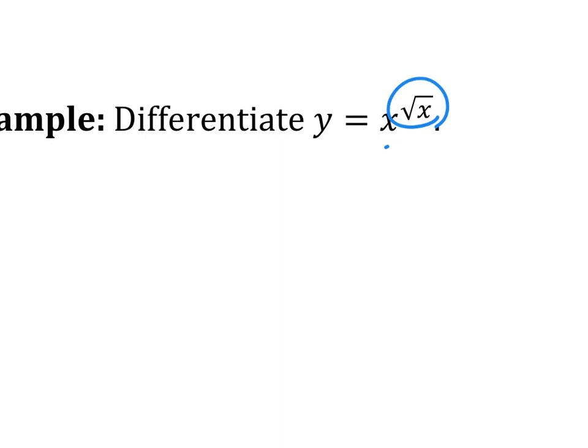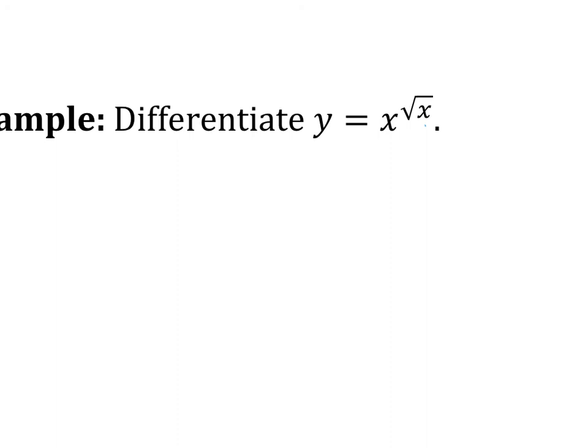Well, what if x keeps changing? Then your function keeps fluctuating, and you just cannot figure out what the derivative is. So please remember that if x is in the exponent, you cannot do that. So what should we do? We're going to change the problem a little bit so that it's easier for us to solve.